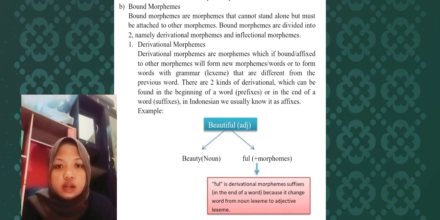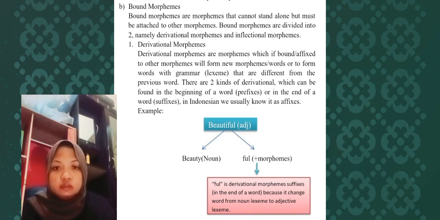There are two kinds of derivational morphemes, which can be found at the beginning of a word, prefix, or at the end of a word, suffix. In Indonesian, we usually know it as affix.